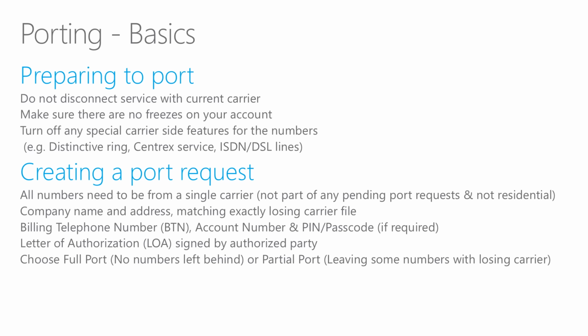So whatever you put on file for the losing carrier, that needs to match what you have in the porting request. You need to have a billing telephone number, which is basically a phone number that identifies you as the person in charge. And you need to have the account number, PIN and passcode if you have anything set up.